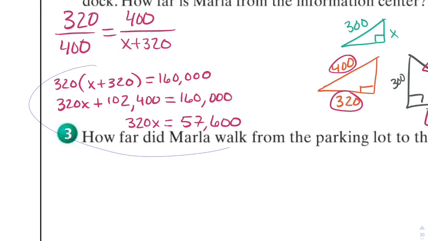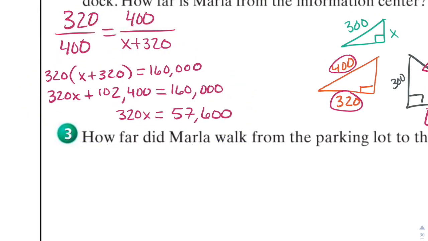And I am then going to divide both sides by 320. And I'm going to get x equals 180 meters.